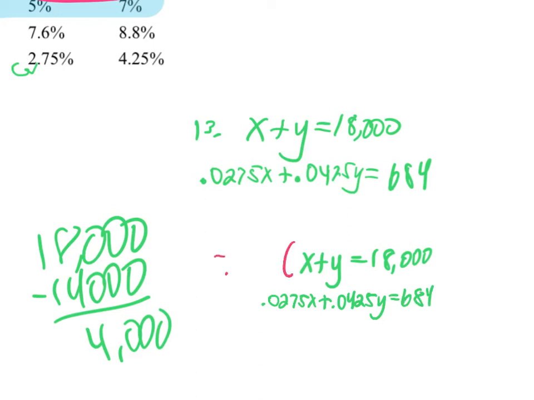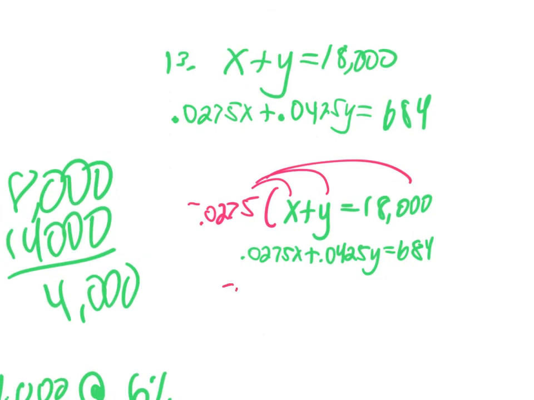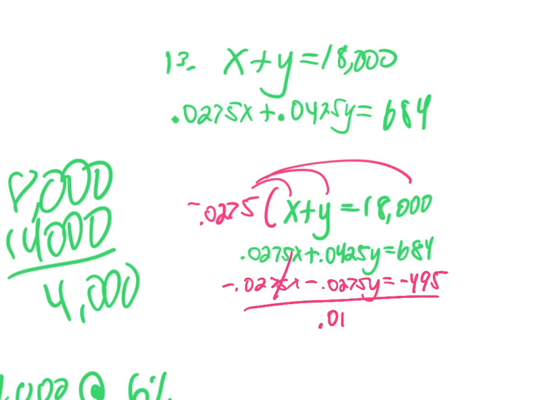If we eliminate the x's, multiply by negative 0.0275. So you have negative 0.0275x minus 0.0275y equals negative 495. So subtract, 0.015y equals 189. Divide both sides by 0.015.